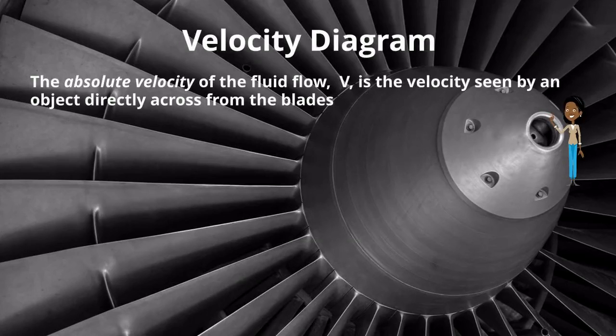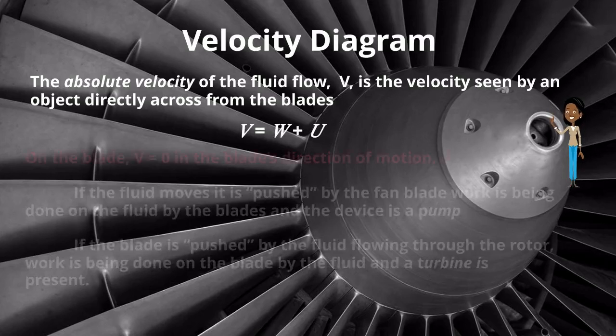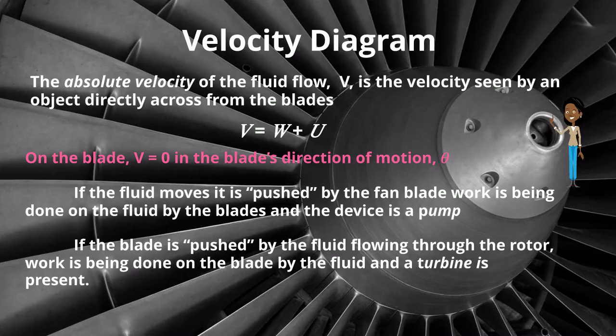These assumptions allow us to state that the absolute velocity, which is the velocity seen by an object directly across from the fan blades, is equal to the relative velocity plus the blade speed. Now, to define this flow rate in terms of velocity, we say that as the fluid is directly above the fan blade, the absolute velocity is equal to 0.